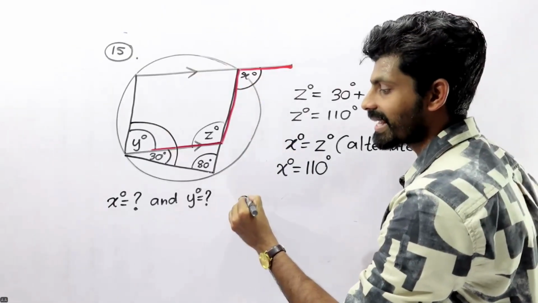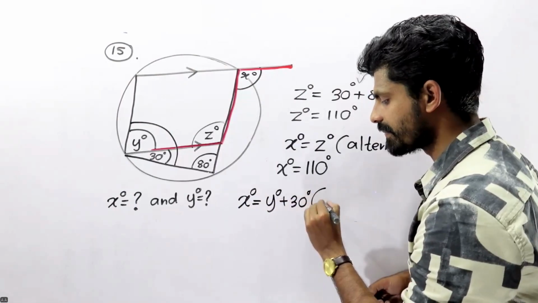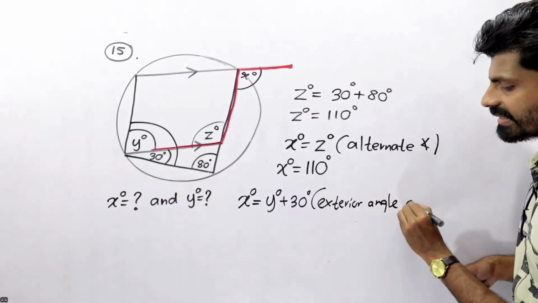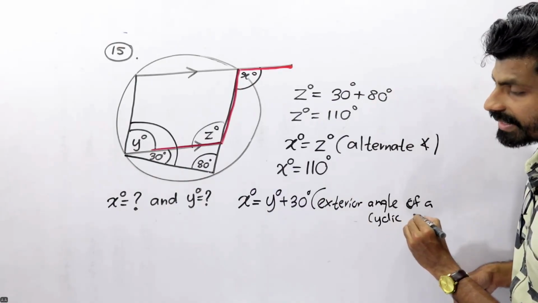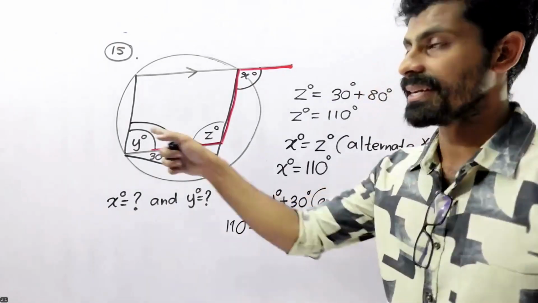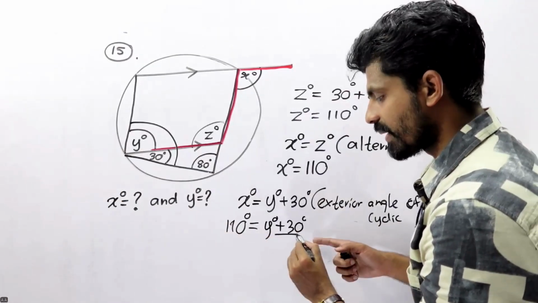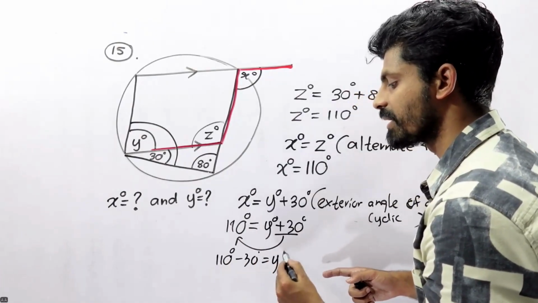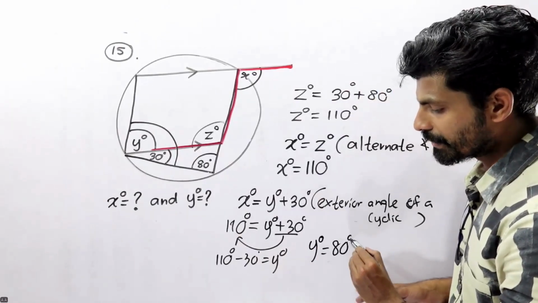So X equals Y plus 30, the exterior angle of a cyclic quadrilateral. X is 110, so 110 equals Y plus 30. Moving 30 to the other side, 110 minus 30, Y equals 80.